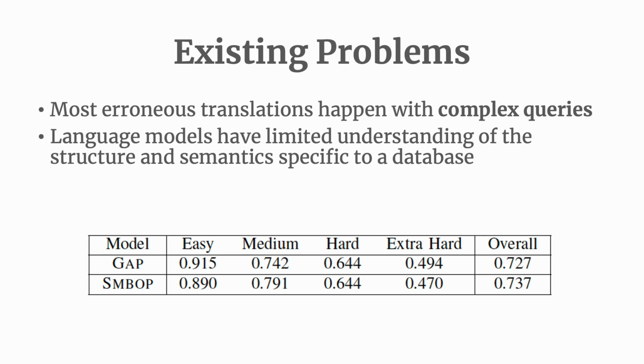The table here lists the detailed results of two state-of-the-art translation models, which shows that the performance drops when the query becomes harder. The reason, we believe, is that harder queries need a deeper understanding of the databases, while only leveraging language models to understand is very limited.